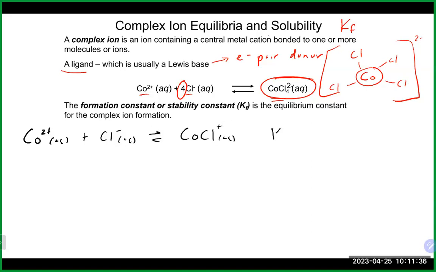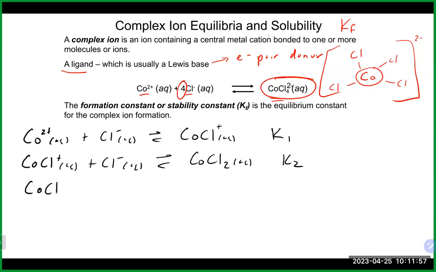And you could have an equilibrium constant value for that step. The next step is that this would then pick up another chloride, and that would make our CoCl2, which you could have an equilibrium step for.